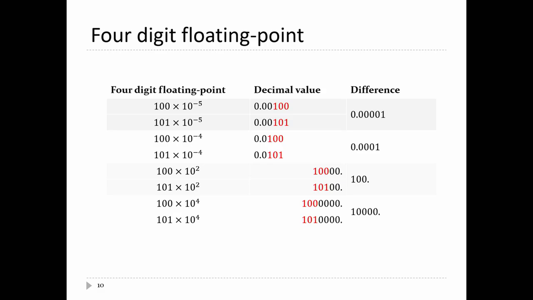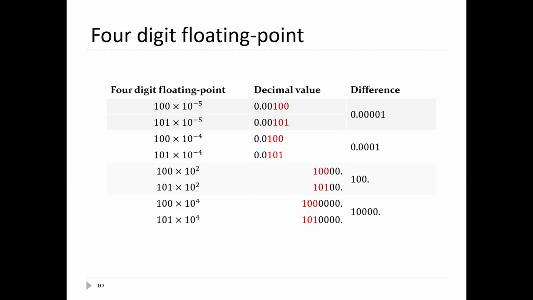So not only are there only a finite number of floating point values, the distance between floating point values changes depending on its magnitude. If you go all the way up to the largest value, to exponent 4, the smallest value that you can represent with an exponent 4 is 1 million, so 1 with 6 zeros after it.